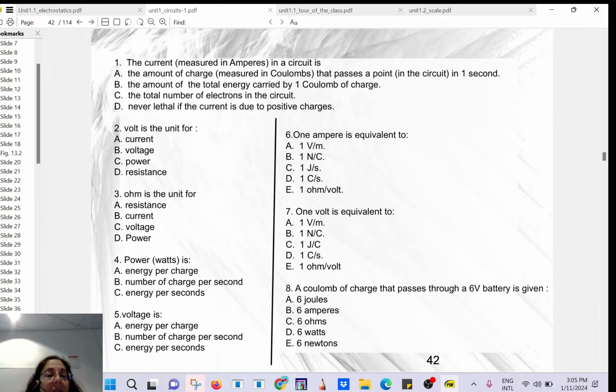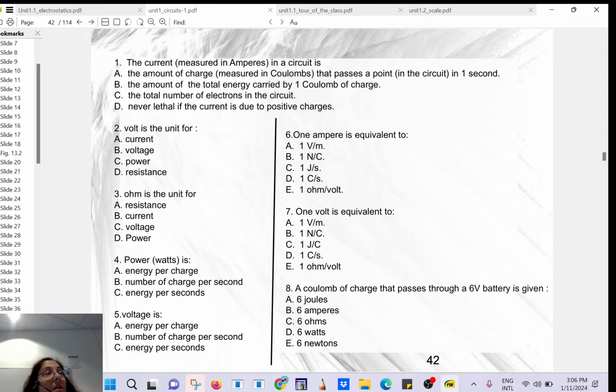Power is C, energy per second. It's power, think metabolism. How fast you are consuming energy, how fast energy is produced. So that's power. Unit is watt, named after James Watt.